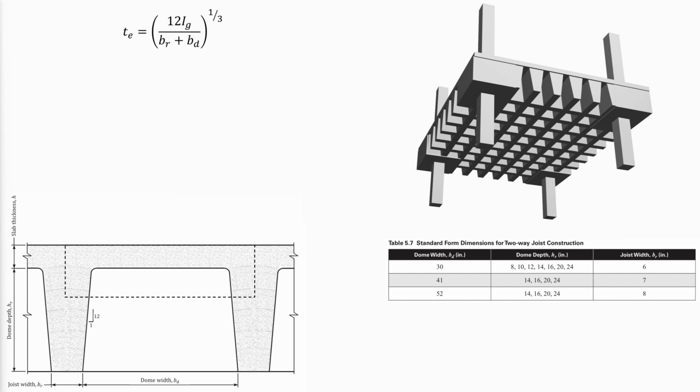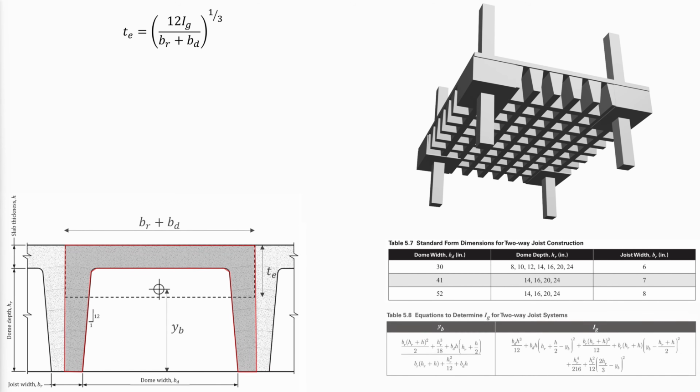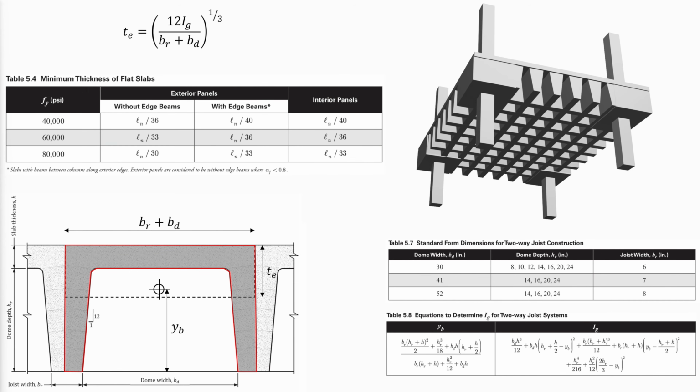The equivalent thickness is determined by setting the moment of inertia of the equivalent section equal to the gross moment of inertia of the actual joist section. Then, the equivalent thickness should satisfy the requirements of Table 5.4 for serviceability requirements for minimum depth.